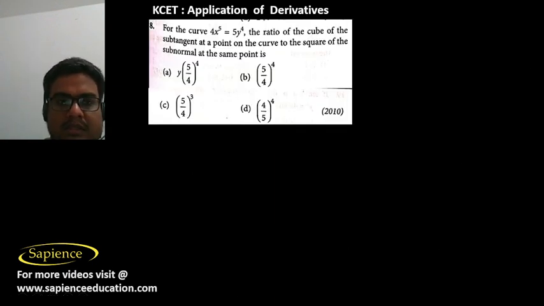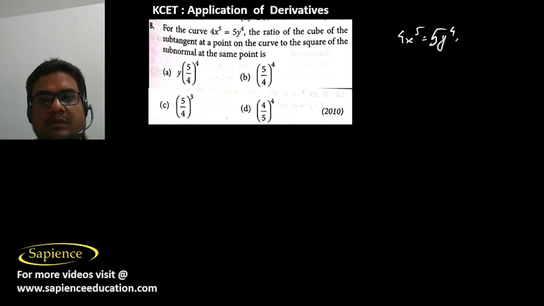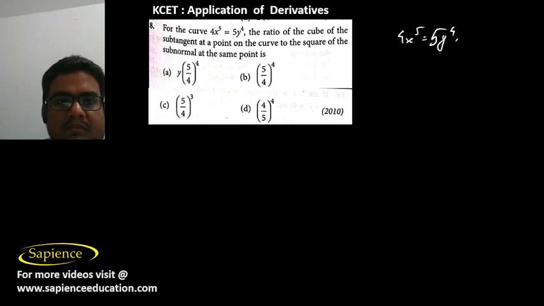Then in question number 8 it is told for the curve 4x power 5 is equal to 5y power 4, the ratio of the cube of the subtangent at a point to the square of the subnormal at the same point is.